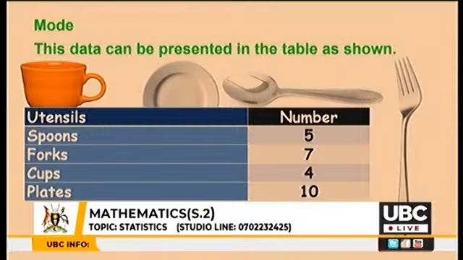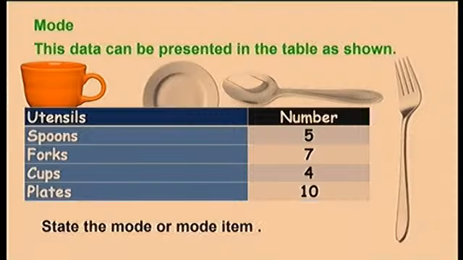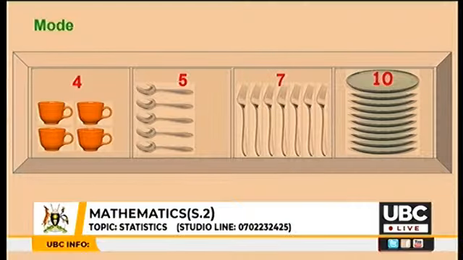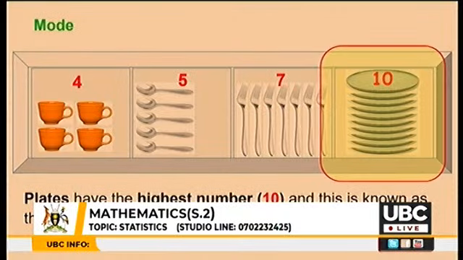What are we trying to look at here? We are looking at the household utensil that has the highest number. The household utensil that has the highest number is plates. So plates have the highest number, and that is 10.